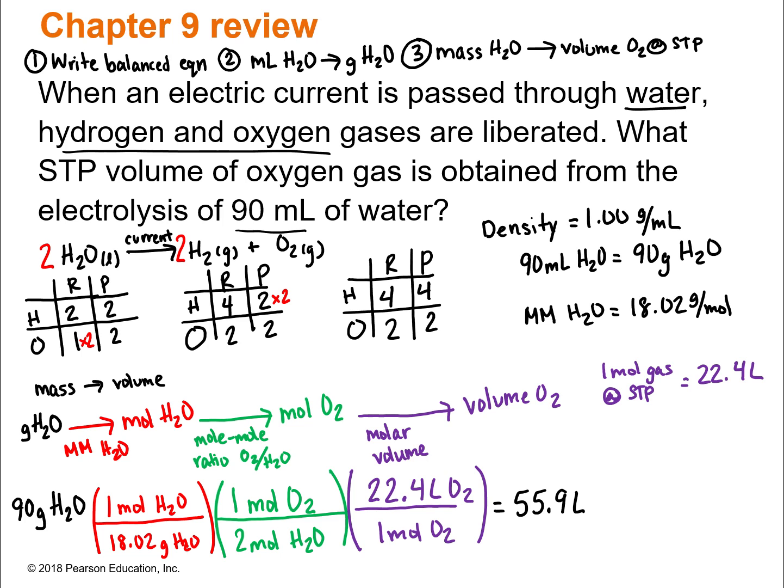And 2, remembering that the density of water is 1 gram per milliliter. So if you have 90 milliliters or however many milliliters of water, then you have that many grams of water. And you can convert that mass to the volume of oxygen doing a mass to volume problem.